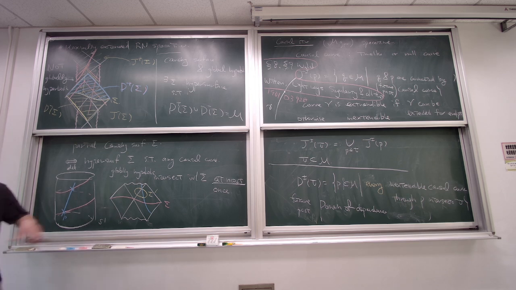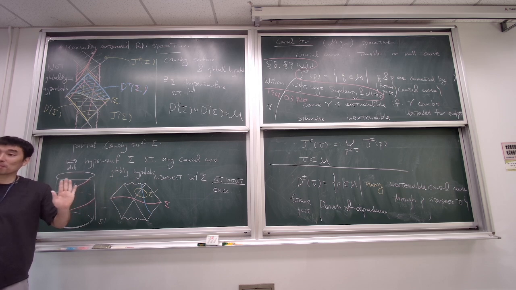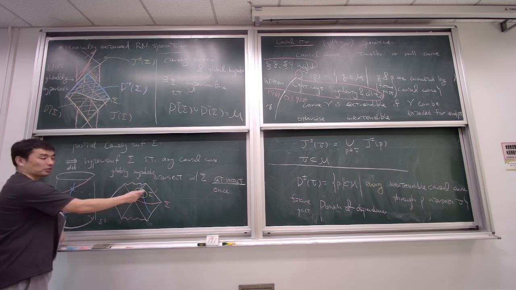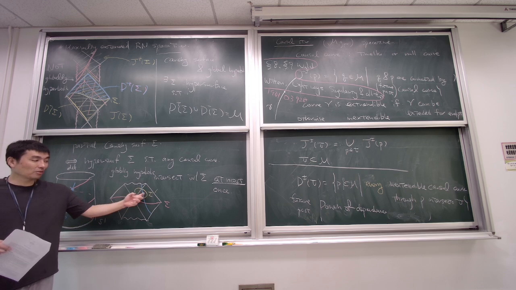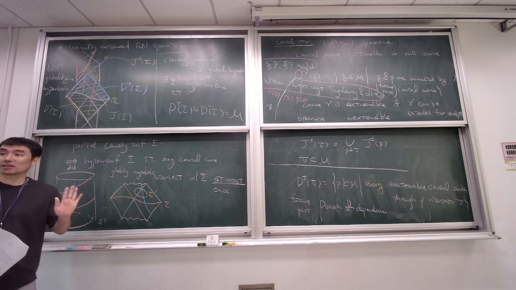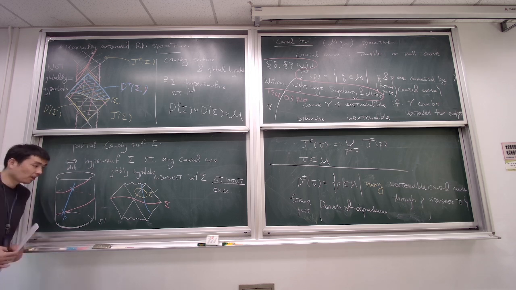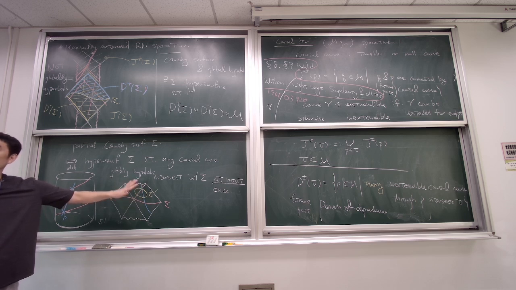So sigma prime is not a partial Cauchy surface. But it's still a hypersurface, codimension 1. So this is a counterexample of a partial Cauchy surface inside a globally hyperbolic spacetime.